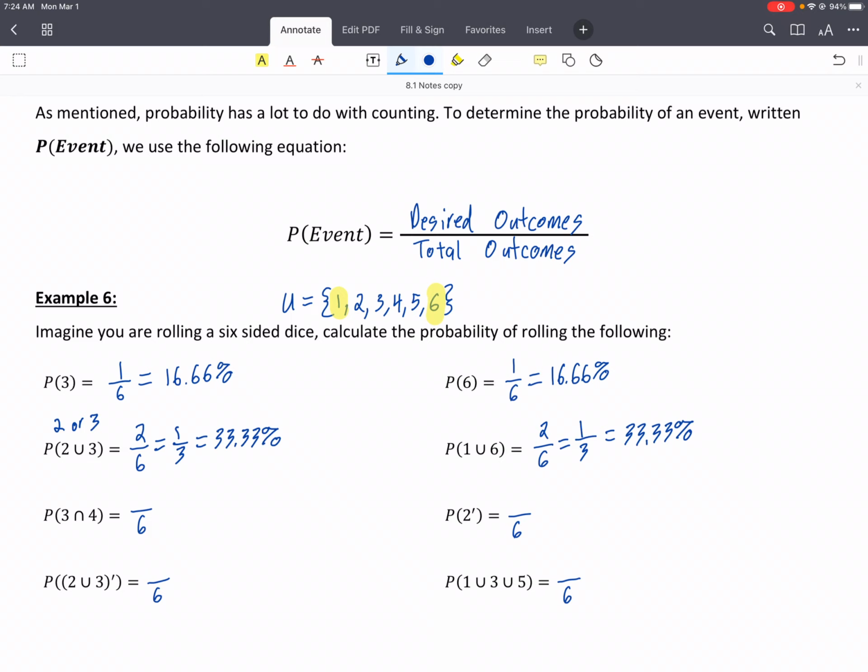Okay, now we get into some of the tricky ones, a 3 and a 4. So this is saying, what's the probability with one dice roll that we roll a 3 and a 4? So it has to be both of those.